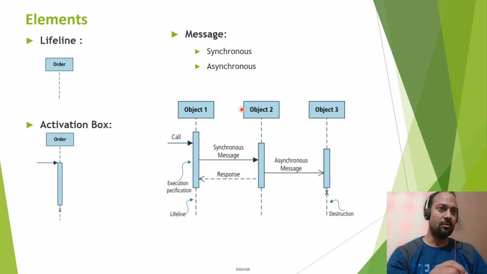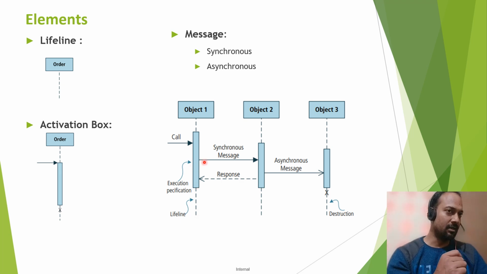Synchronous and asynchronous, and here we can talk about the lifeline. Object 1 is now, this is the lifeline, right? We are talking about object 1. Now the dashed line here with the rectangular vertical box represents, when we say the call, an activation box. This is the entire timeline up to which this object will be running.